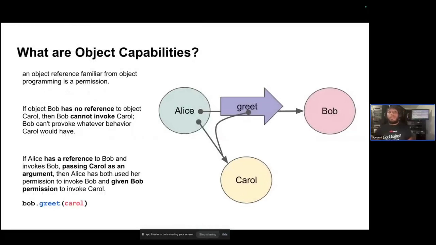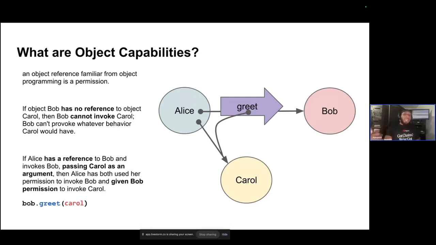So first off, what are object capabilities? For the programmers in the room, you're familiar with object-oriented programming. In object-oriented programming, just imagine if you have access to an object, then you can invoke any public method on this object. And in object capabilities, if you look at this graphic on the right, these three nodes are objects. The edges there, those are references.